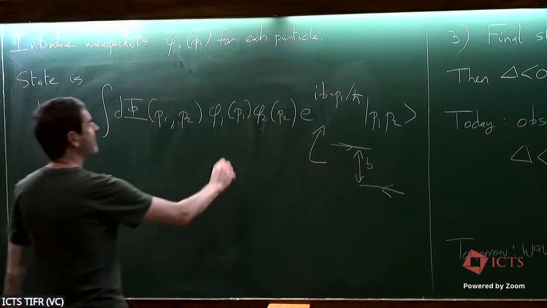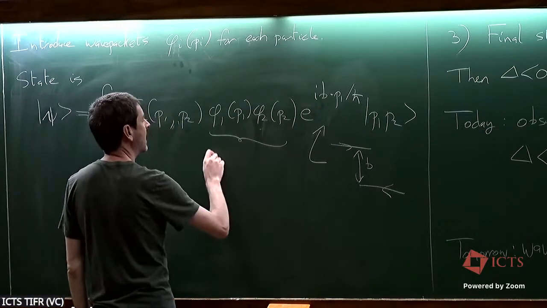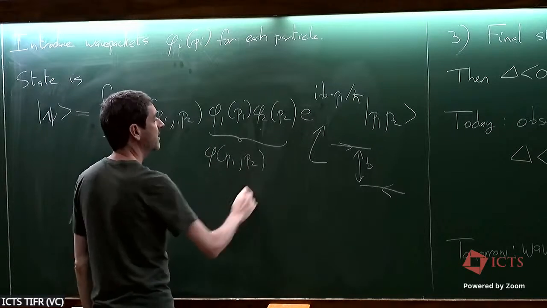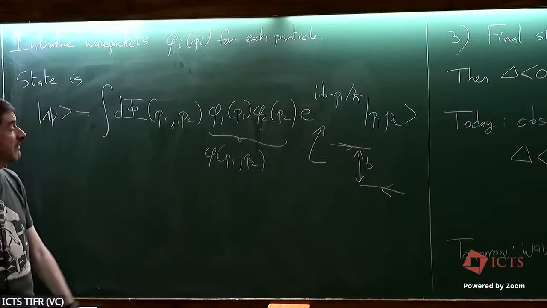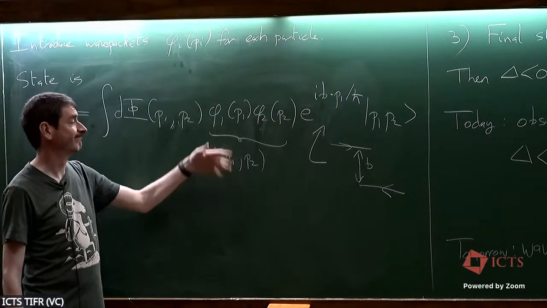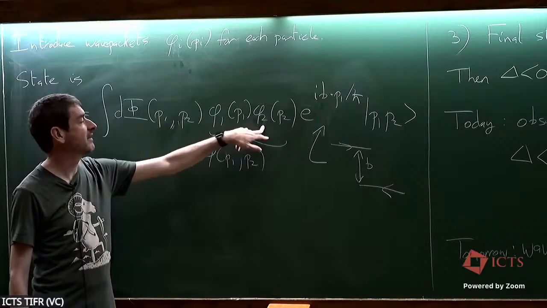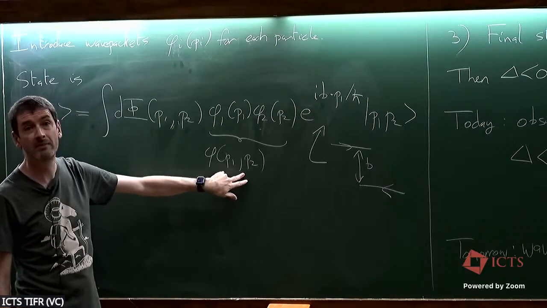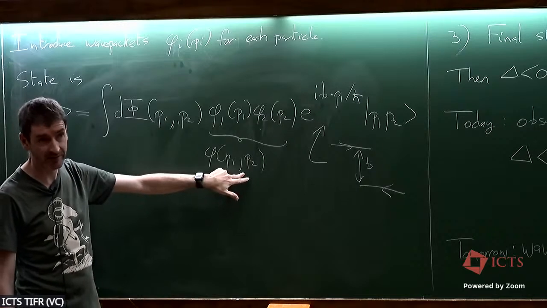Now it's convenient to write these wave packets just as phi of P1, P2. That's just shorthand. It makes some sense to split the wave packet into two factors, one for each particle, but it's possible that the particles will be somehow entangled, and there's just one wave packet.